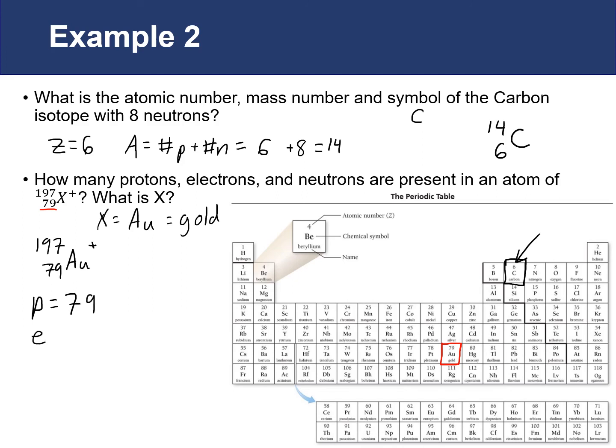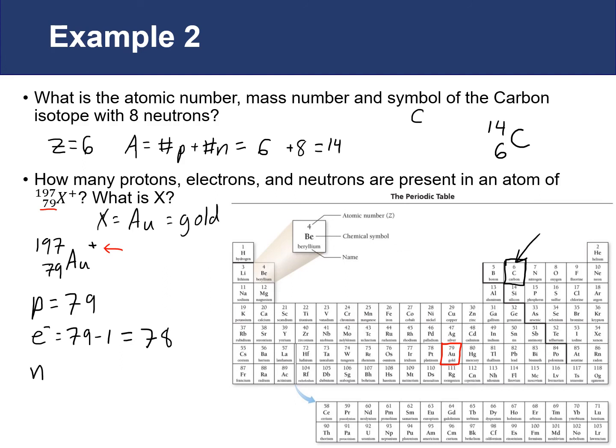Our number of electrons would be equal to our 79 minus 1. And the reason it's minus 1 is because we have a plus here. So we have 1 more proton than we have electrons. So this would be 79 minus 1 to give us that +1 charge. So that would be equal to 78.